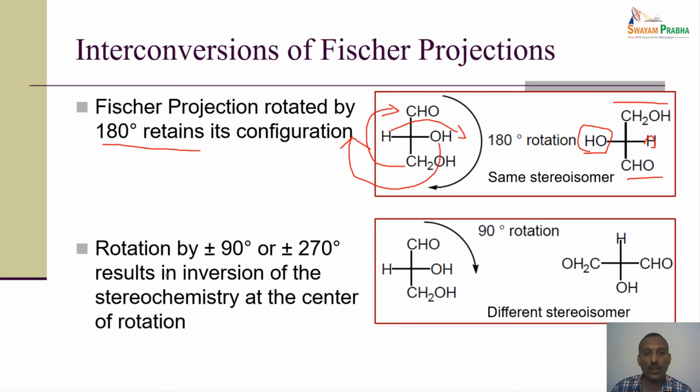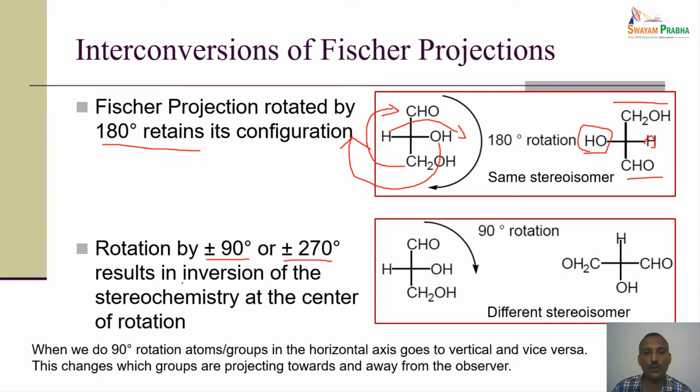Now, if we do the rotation by either plus or minus 90 degrees or plus or minus 270 degrees, both these interconversions lead to inversion of the stereochemistry at the center of rotation. So this is the center. Here we have only one carbon, so we are just talking about this particular center. Here we are doing a 90-degree rotation. What do you mean by 90-degree rotation?